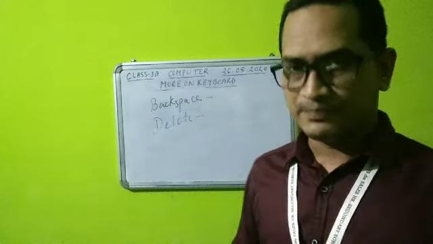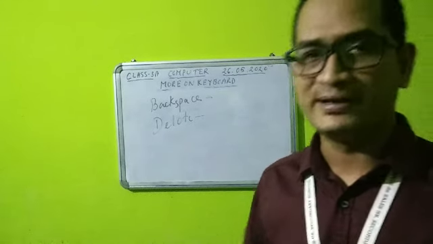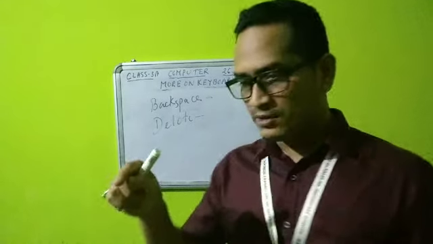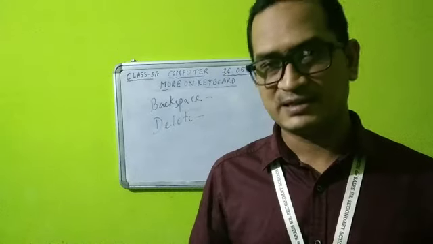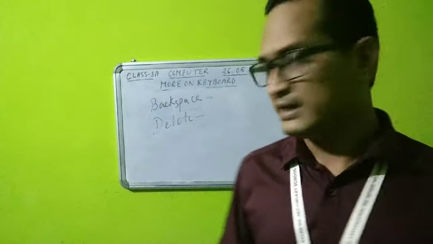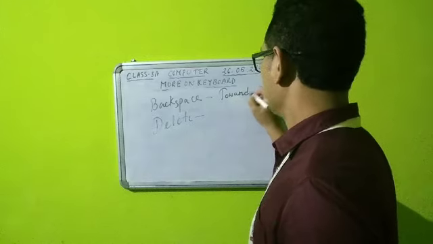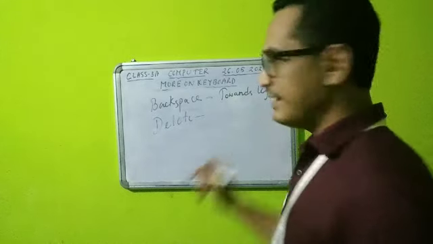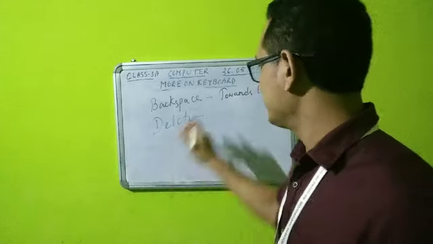Backspace: suppose you have typed a sentence but somewhere you went wrong. If you want to remove the whole sentence, you can press backspace continuously. Then the cursor will move towards the left, and it will remove all the letters towards the left. That is the use of backspace.